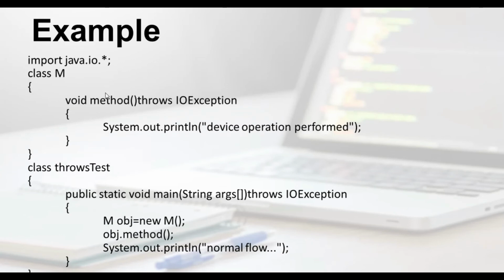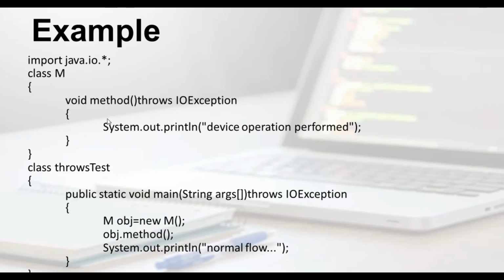Now when the method is called, it will print an output like "device operation performed". The class here is ThrowsTest, the main class, with the main method. I have created the object of M, that is obj. Through this obj I am going to call this method using the method name, and after that I have defined one output as normal flow.